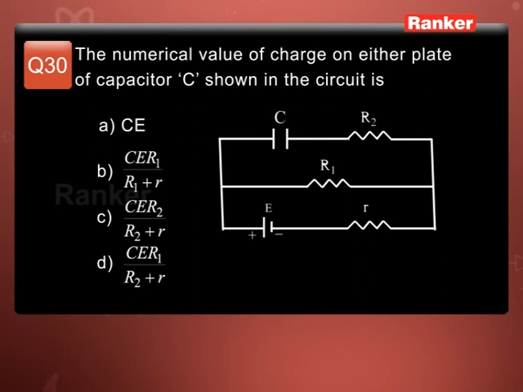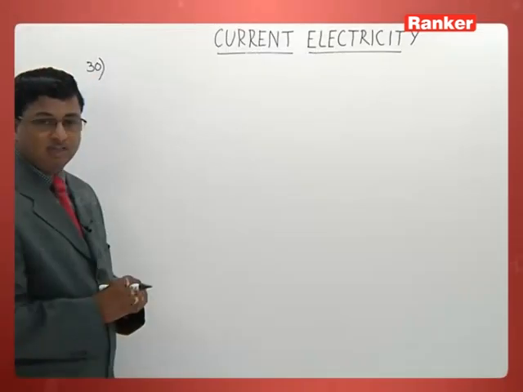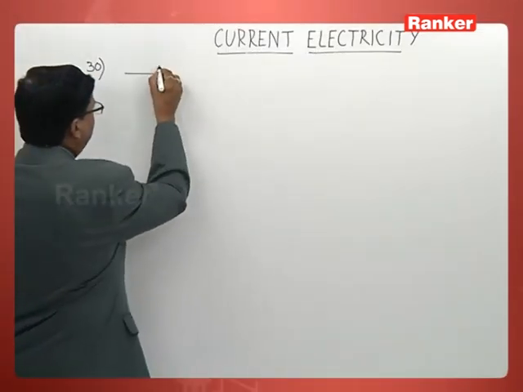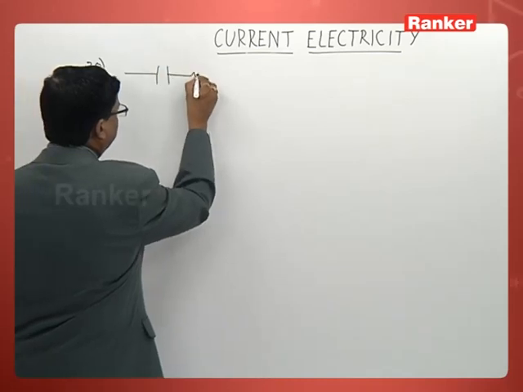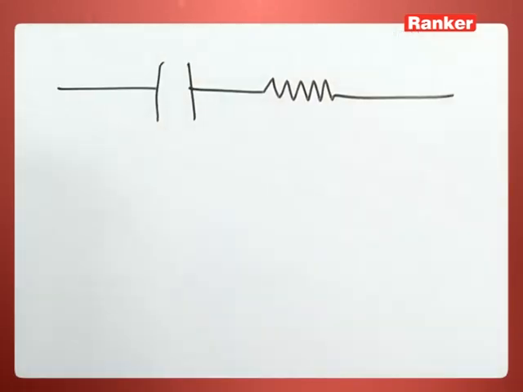CE R2 by (R2 plus small r) is the third option. CE R1 by (R2 plus small r) the fourth option. What is it he has given? Let me draw the circuit first. He is talking about a cell connected across a resistor here in the first branch.